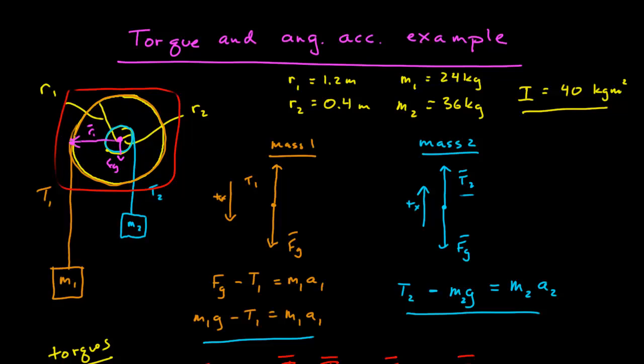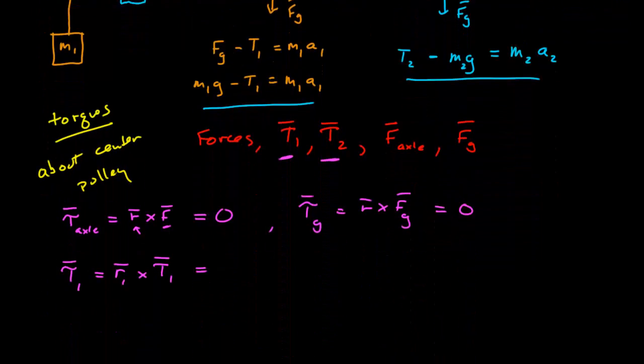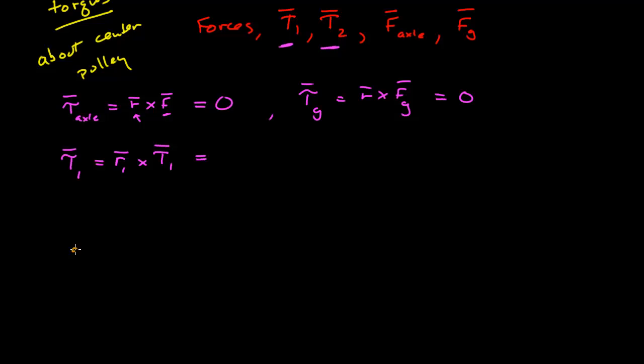And it makes a 90-degree angle with the tension force. Right? If I were to do a free body diagram of the pulley, there's a contact force, this force due to the axle, that is up.